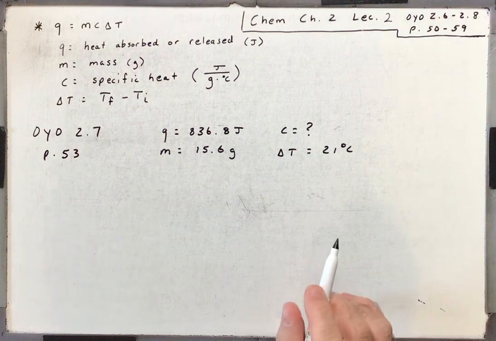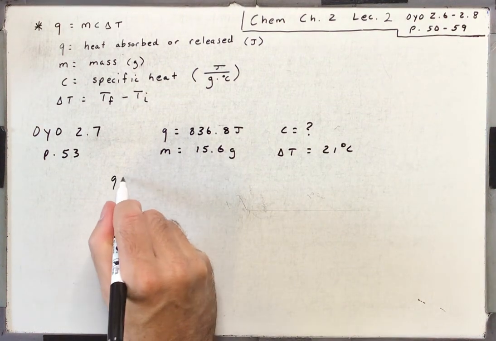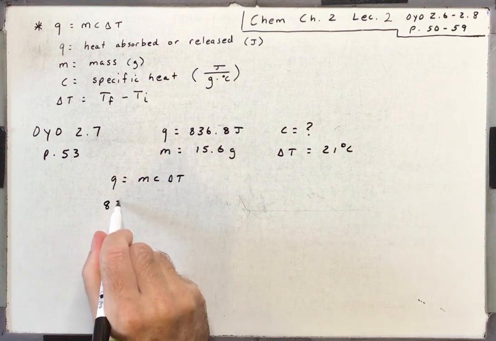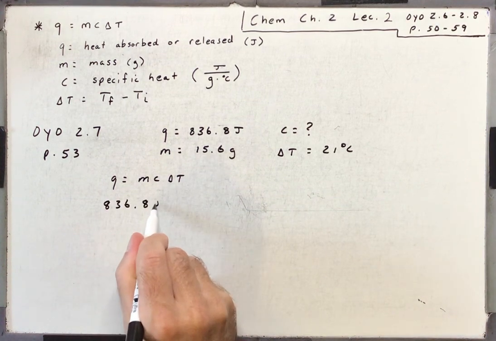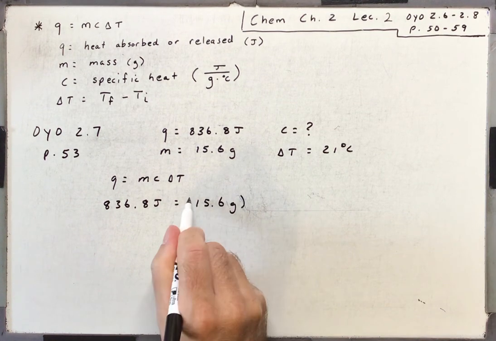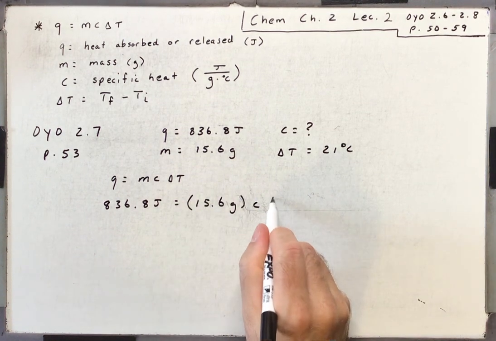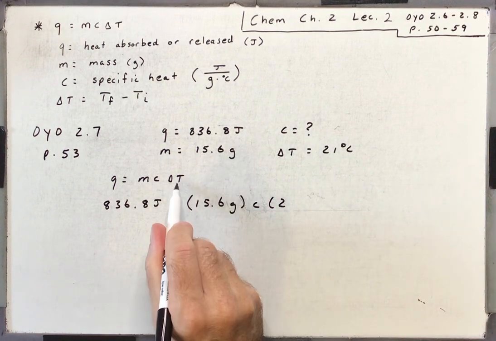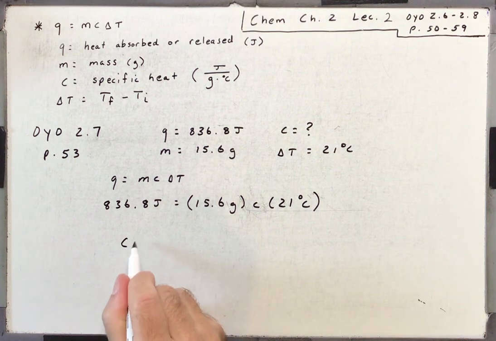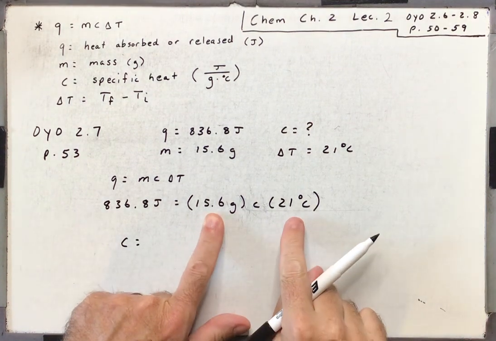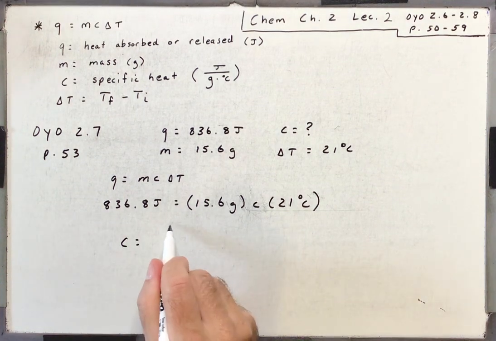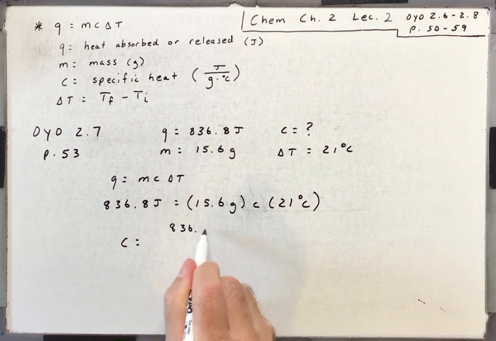So that's pretty nice. So if we have Q is equal to m c delta T, that's going to be 836.8 joules is equal to 15.6 grams, we're solving for c, and then delta T is 21 degrees C. So to solve for c, I'm just going to bring the 15.6 times 21 underneath 836.8.